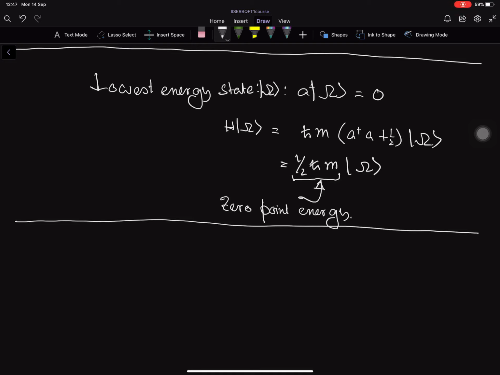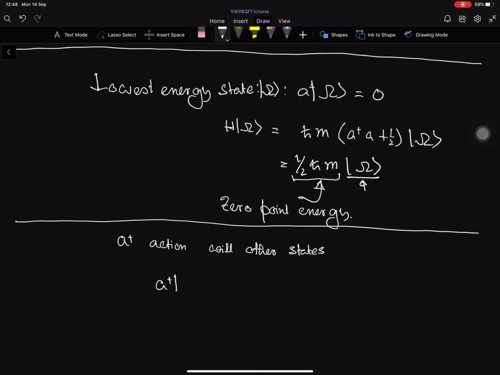Now, which means that if this thing is the lowest energy state, we can create a higher energy state by action of A dagger. Okay, so what do we mean by that?